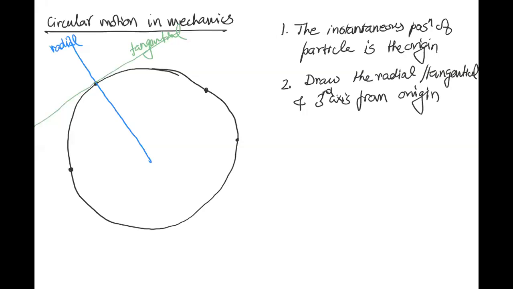Therefore, if you choose this coordinate axis, the acceleration will always be very well defined, and you don't have to find the components of acceleration. Okay? Even in the non-uniform circular motion, one component of acceleration will be towards the center, that is the centripetal acceleration, and the other component will be along the tangential axis.